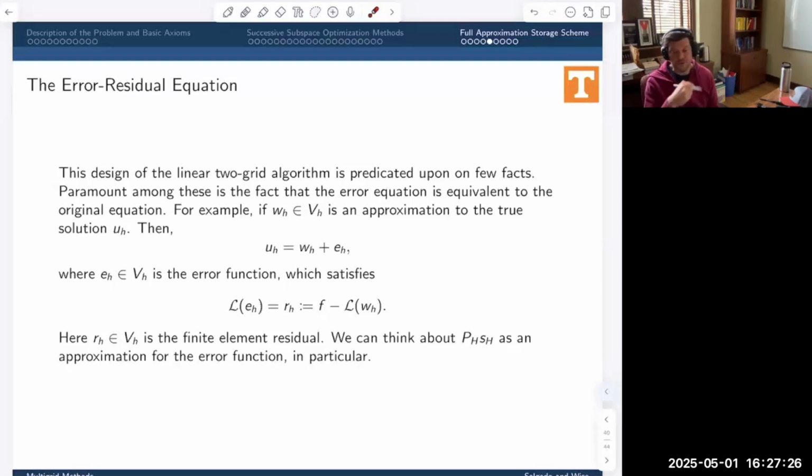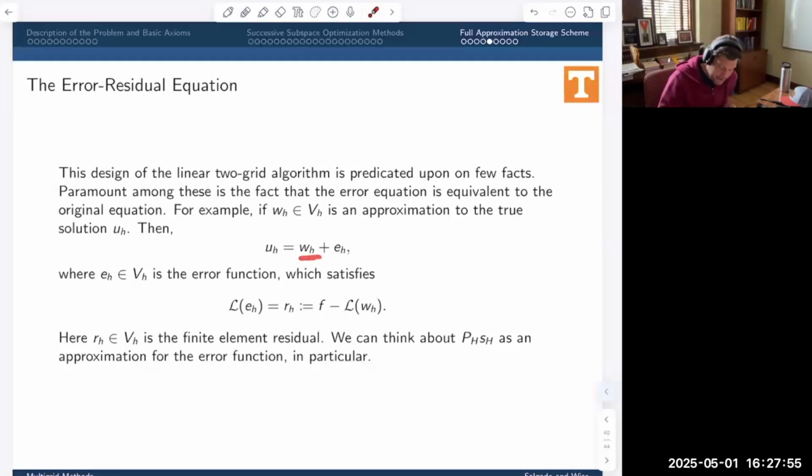Why does the linear multigrid method work? Well, remember we said there's a bunch of components which go into that. There's the approximation property, and there's the smoothing property, and then of course you had to have a Galerkin property. Those three ingredients went into the mix. You stirred that up, and it all worked. But really, the reason why it worked is because we had this error residual relationship. So it works like this.